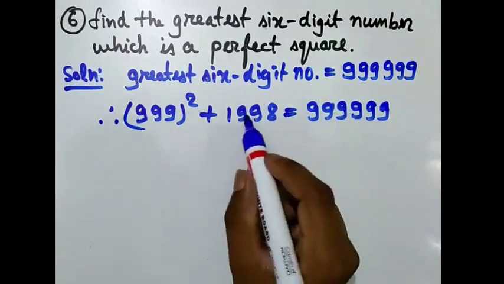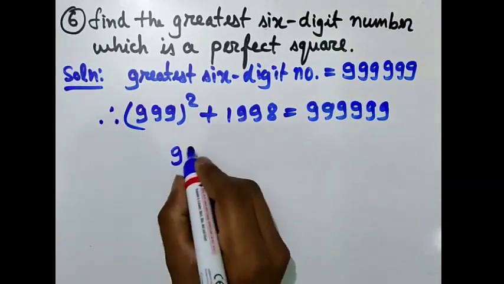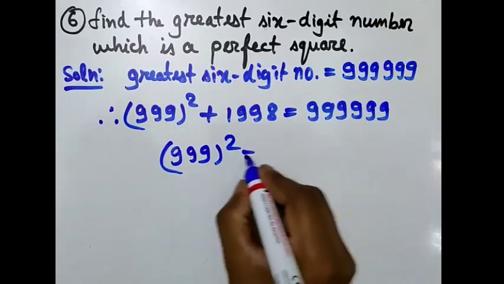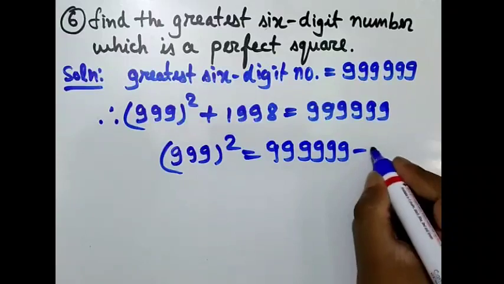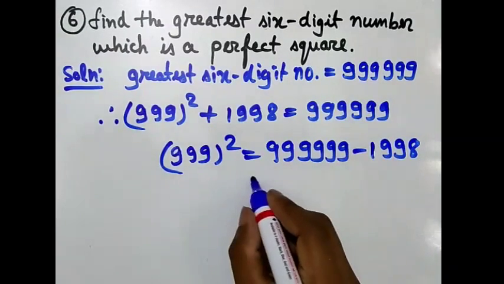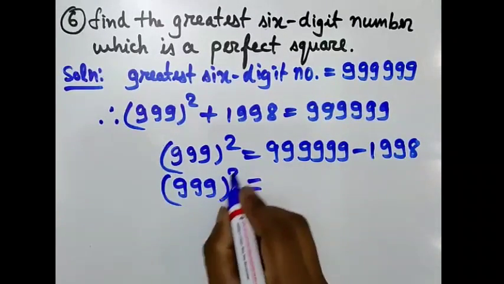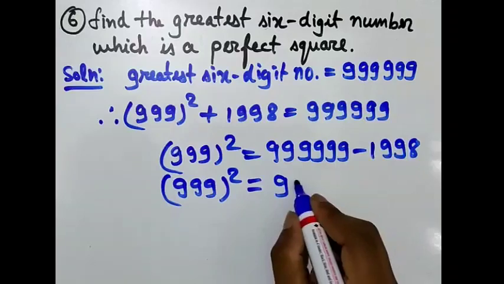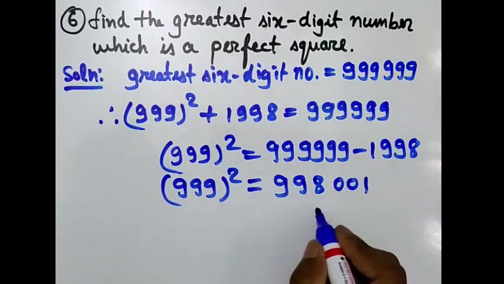We can simply subtract the remainder from the largest 6-digit number. So 999 square is equal to 9,99,999 minus 1,998. So the square of 999 will be 9,98,001.